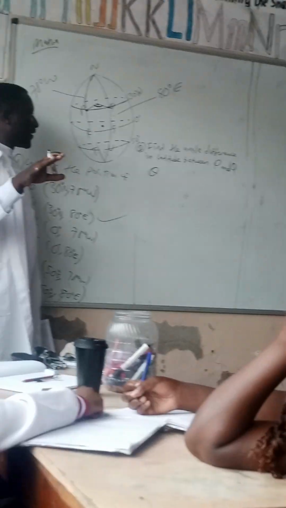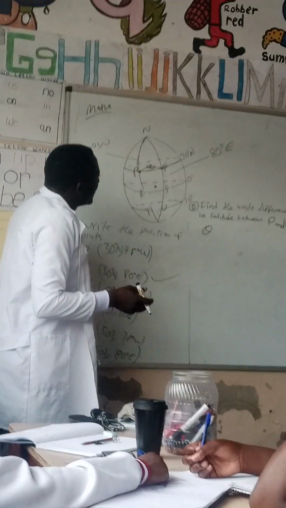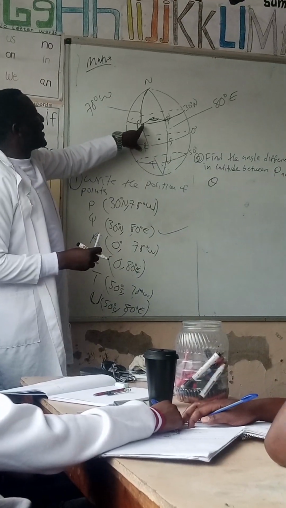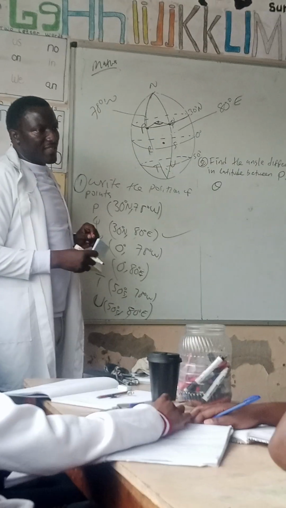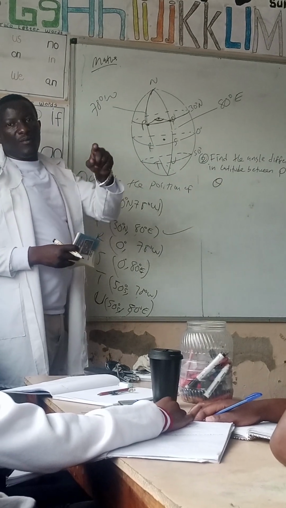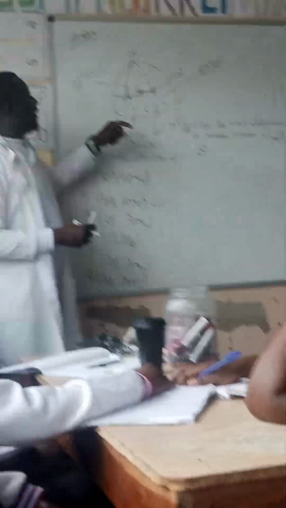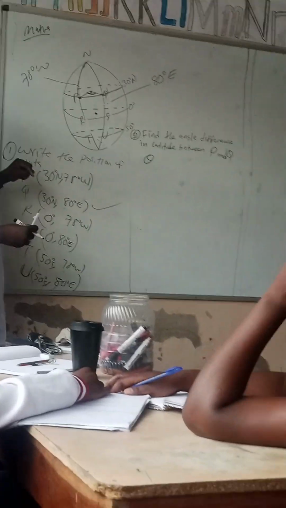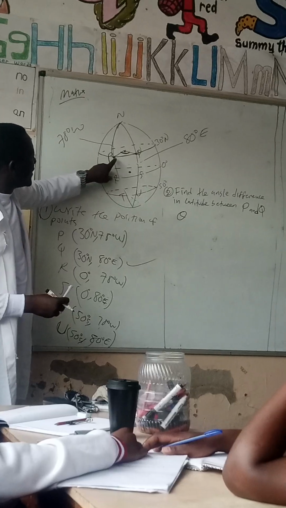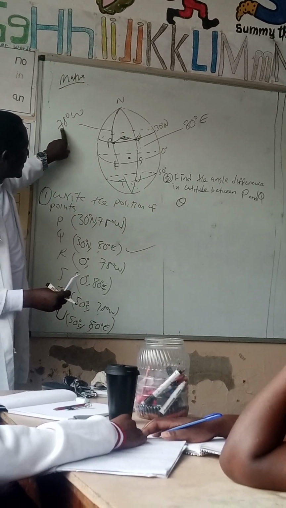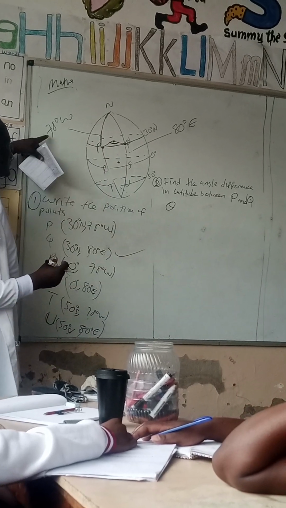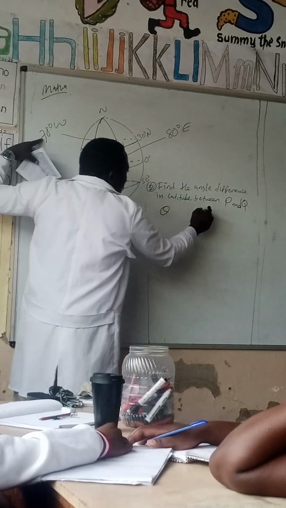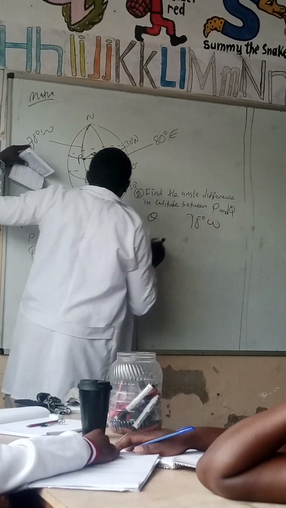Another way: give me all the angles that are connecting P and Q. Maybe like that we are going to understand. We will get it if I explain it this way. Give me all the angles that are touching P and Q. The 78 is touching P, so the 78 degrees west.